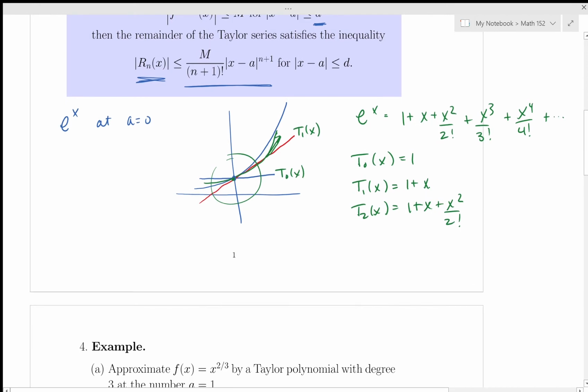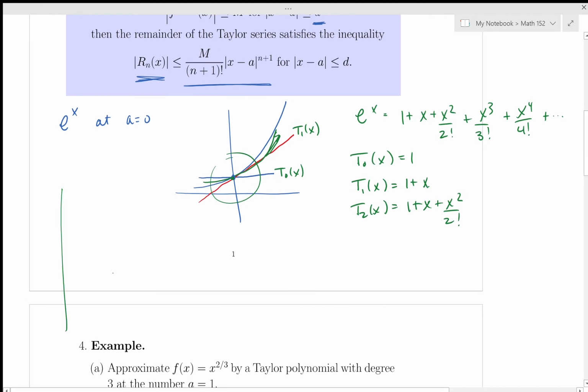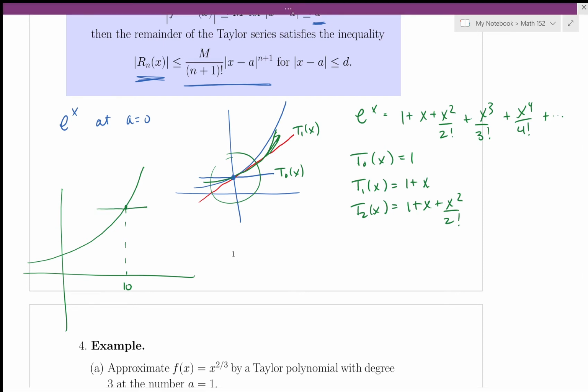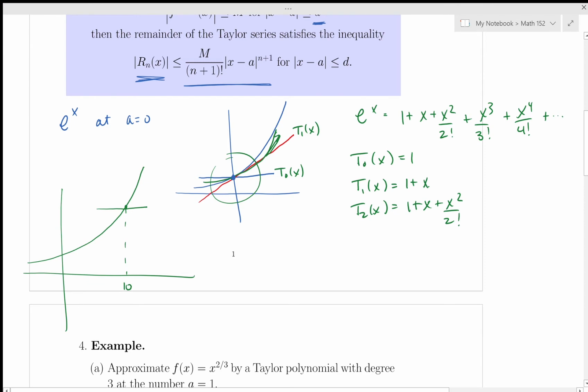If I wanted to use my Taylor approximation somewhere else, like say I was very interested in what happens here at say 10, then I would center my Taylor series around 10, and I would have my T0 approximation here, my T1 approximation here, like that, because I would get less error than if I used the Taylor series centered here at 0.